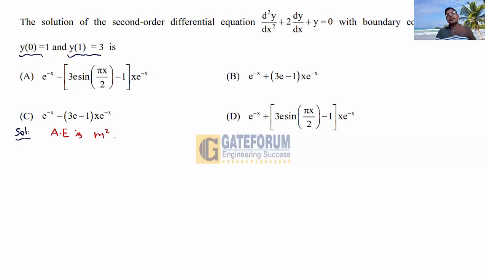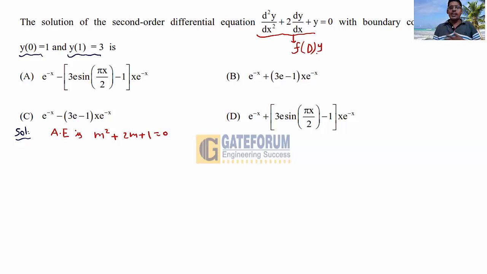The second derivative is replaced by m square, the first derivative is replaced by m, and the y term is replaced by 1. So the last term is 1, equal to 0. That is, in operator form f of capital D, put D is equal to m.